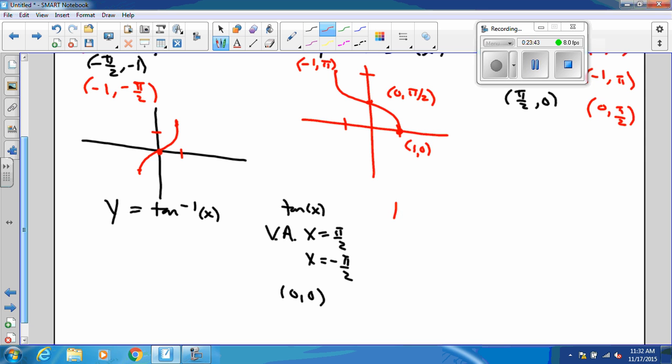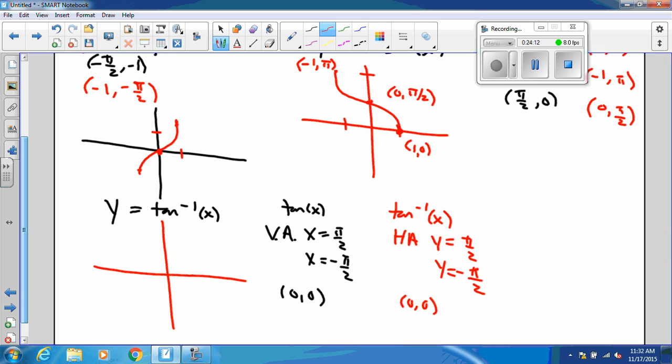When I go to invert this, I am swapping x's and y's so that my vertical asymptote x equals pi over 2 now becomes a horizontal asymptote y equals pi over 2. And a horizontal asymptote down here of y equals negative pi over 2. And of course my point 0, 0 is swapped and remains 0, 0.